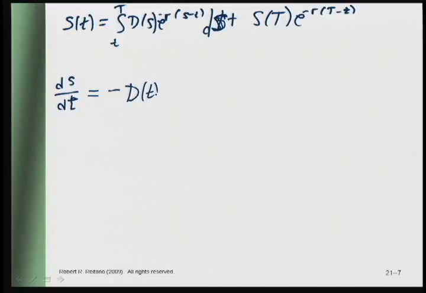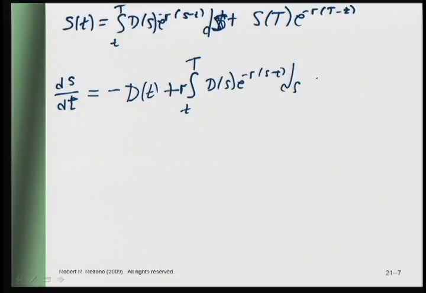The next step is I can take a derivative inside the integral. So I still have the integral from t to capital T. And now when I take the derivative with respect to t of the integrand, I end up with just an r times the original integrand, because I'm differentiating with respect to t, remember.